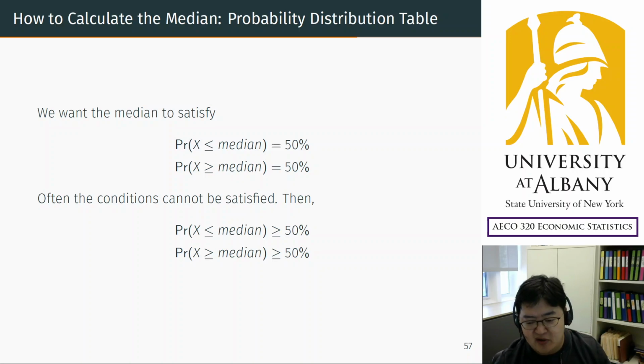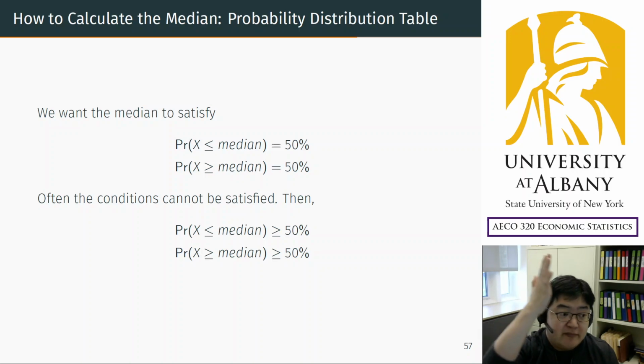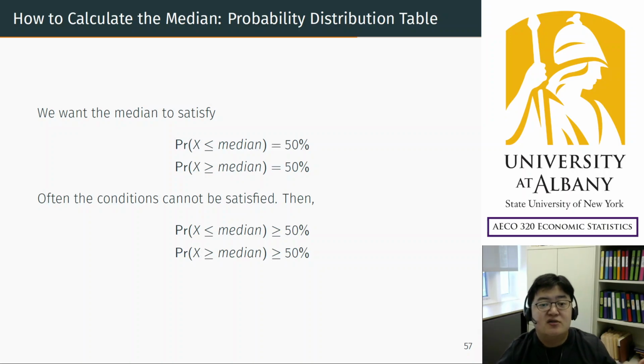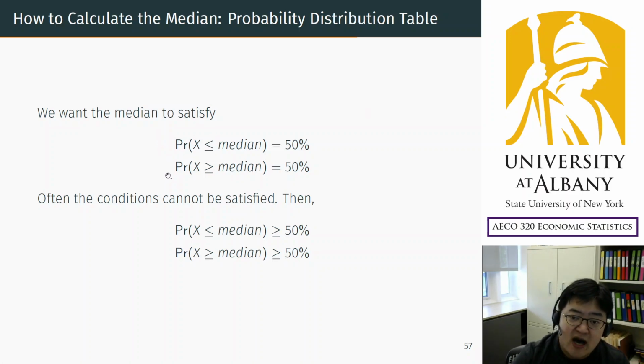When you have probability, you have to divide the probability into half and half this way. Ideally, the median should satisfy that the smaller side has 50% and the greater side has 50%. But in some cases, there may be no value that makes the probability exactly 50%, right?